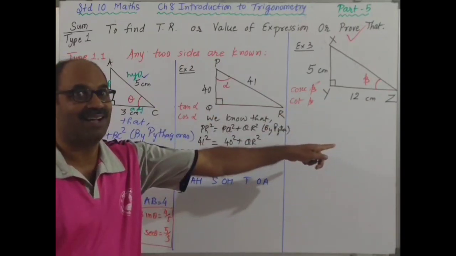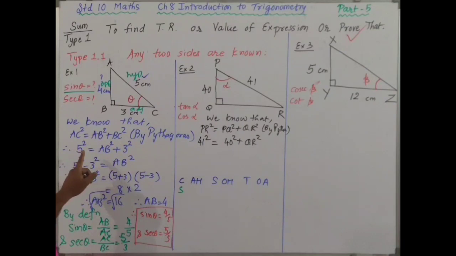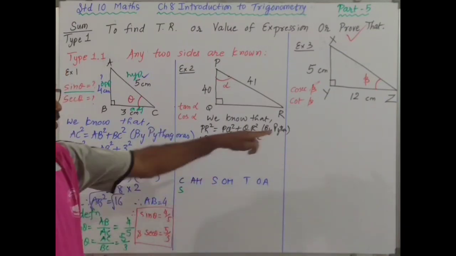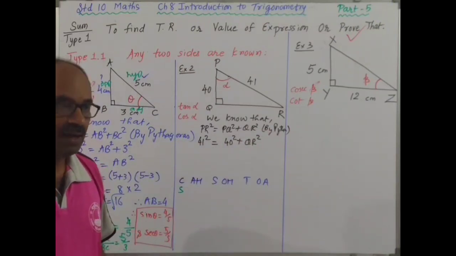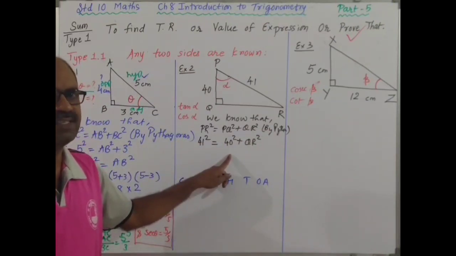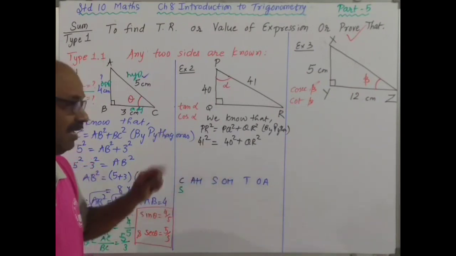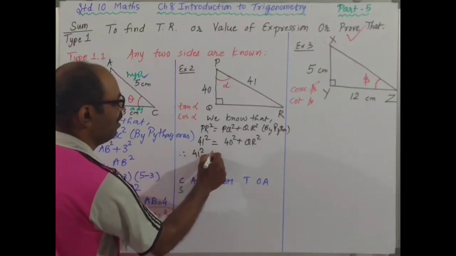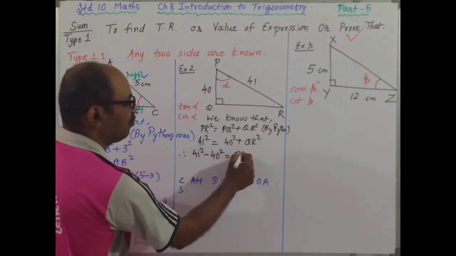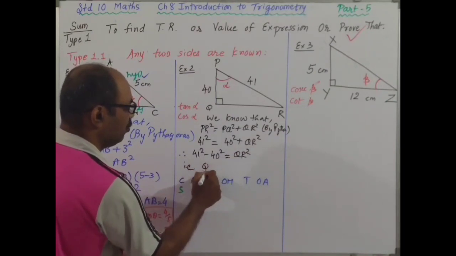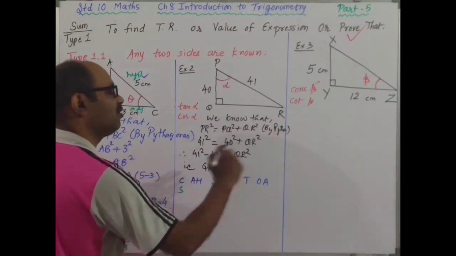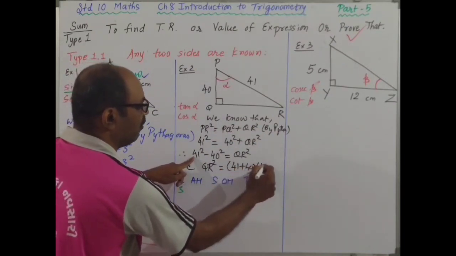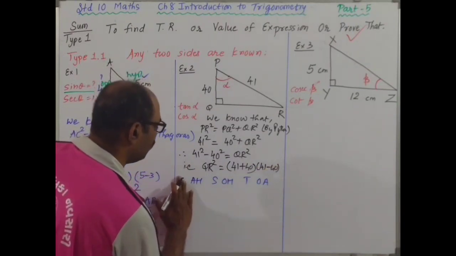Now you will realize the importance of why sir is saying to take 5 square minus 3 square. 41 square minus 40 square, because 41 into 41 you would have to multiply. 40 square would be 4 fours are 16 and two 0s, so 1600, but this one you would have to multiply. To avoid that, 41 square minus 40 square is equal to QR square, i.e. QR square is equal to 41 square minus 40 square, but I am using the factors 41 plus 40 into 41 minus 40.